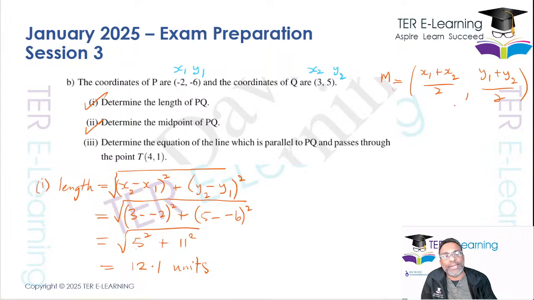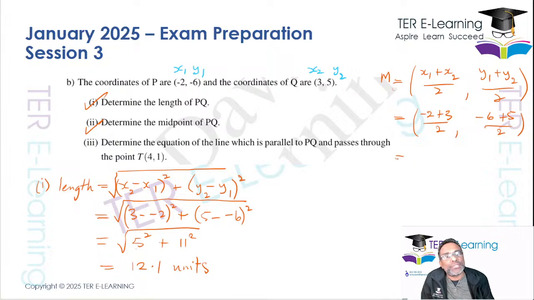It's a coordinate, so that's why you see a comma in the middle of this formula. So we're going to take the two x values, which in this case is minus 2 plus 3, and divide that by 2, comma. Then you're going to take minus 6 plus 5 and divide that by 2.